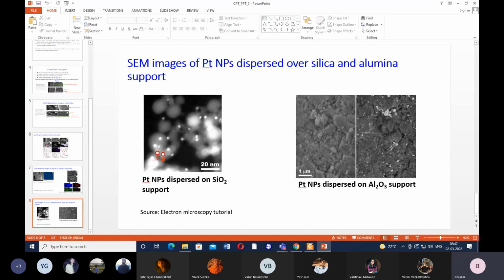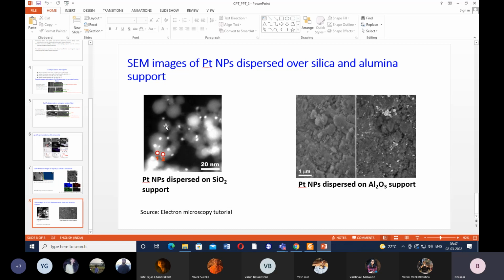Let's first talk about the silica based support material. Considering a case where I have a catalyst where silica acts as a support and platinum acts as an active metal. Here, can you see these big spheres, these spherical shaped particles? Look at the cursor. These are the silica support.